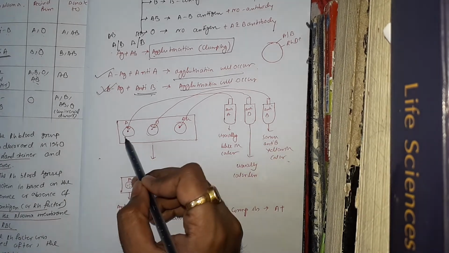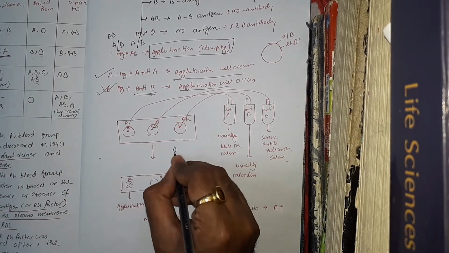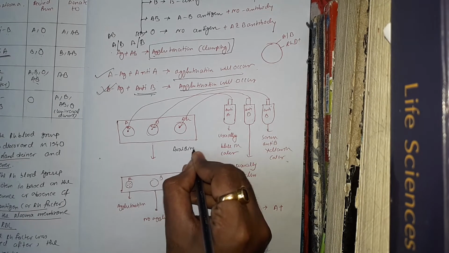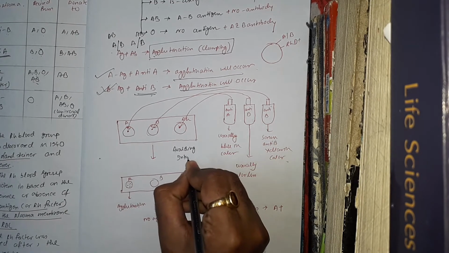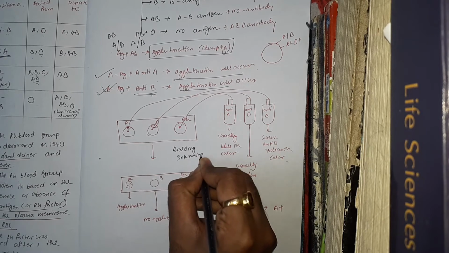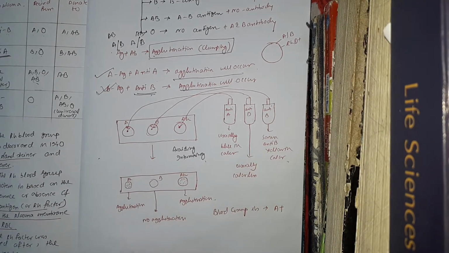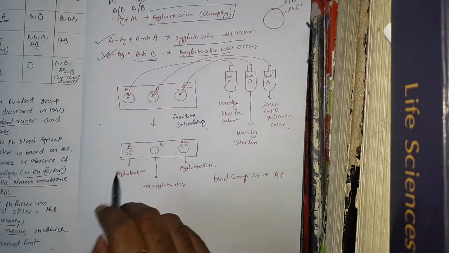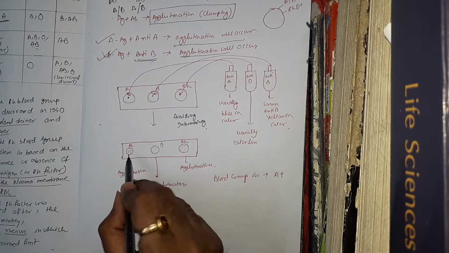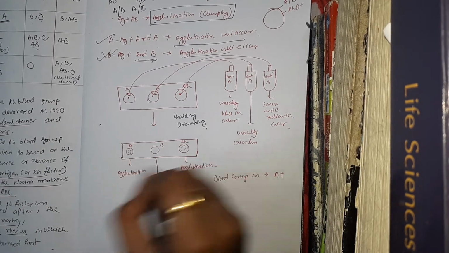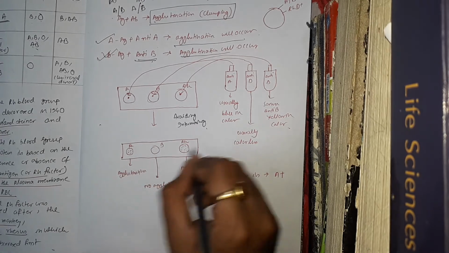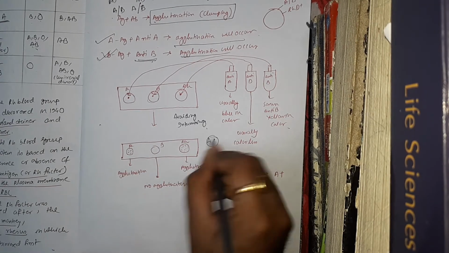So after mixing it well, avoiding intermixing, let me write it in. After mixing well with the help of a toothpick, we can find out something like this. Suppose we consider an individual who has performed this practical and has blood group A positive, right?